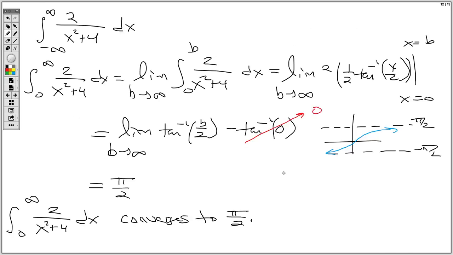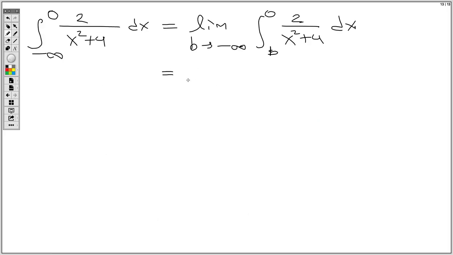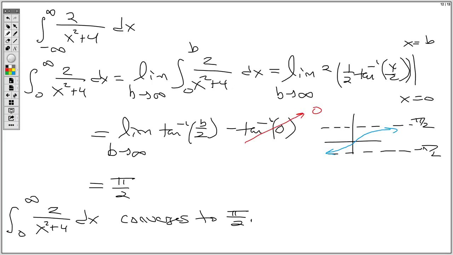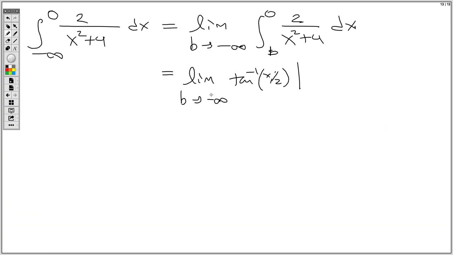Now the good news is I can reuse all of this work. I know what the thing integrates out to. It's the same integral, we just have different limits. So this would be the limit as b goes to minus infinity of the inverse tangent of x over 2, evaluated from x equals b to x equals 0.